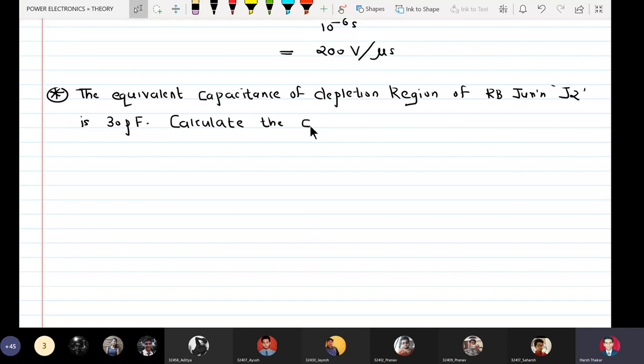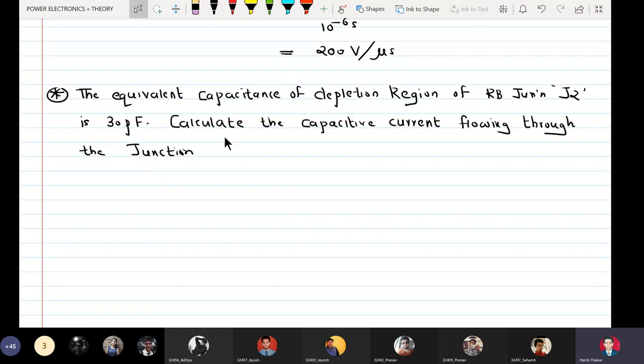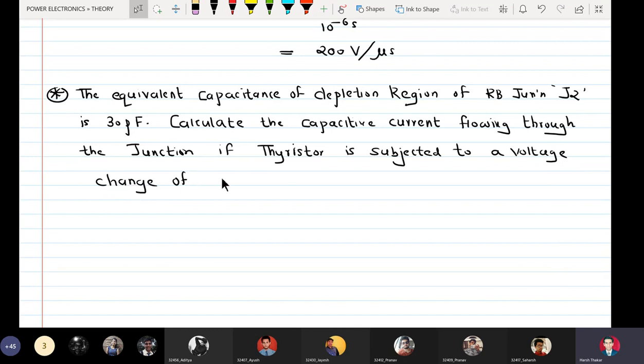Calculate the capacitive current flowing through the junction if thyristor is subjected to a voltage change of 150 volt per microsecond.